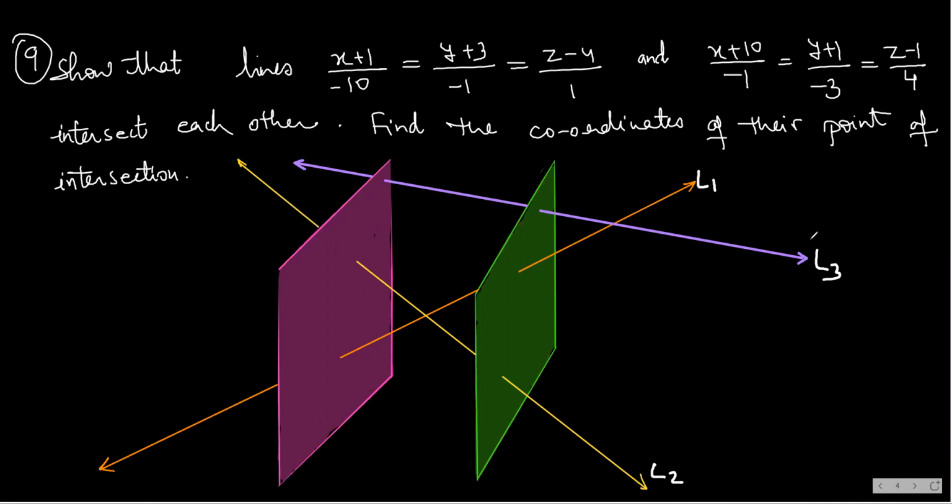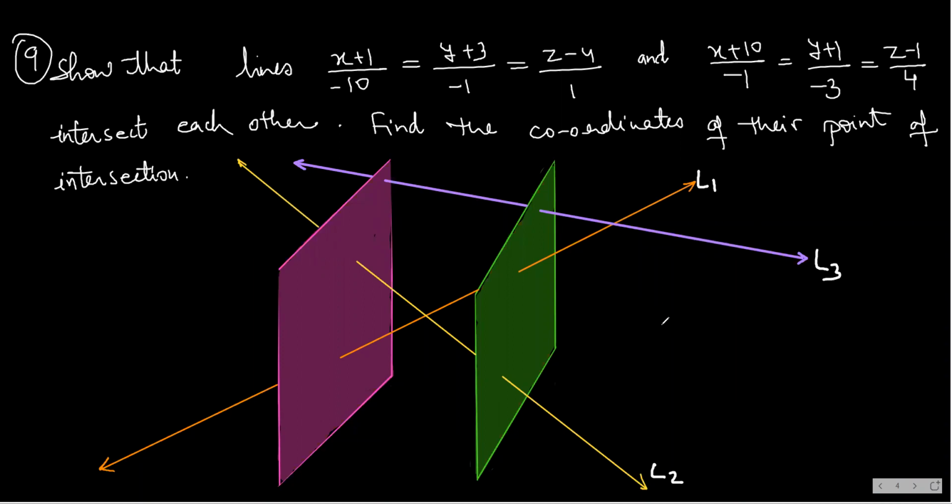So L1, L2 and L3, we have got 3 lines. None of these lines are parallel to each other. You understand the meaning of parallel lines. L1, L2, L3 are not parallel to each other.